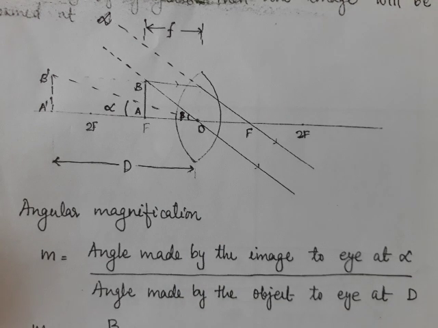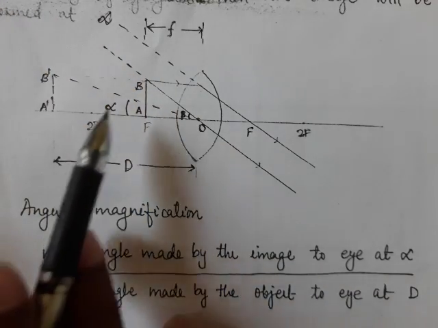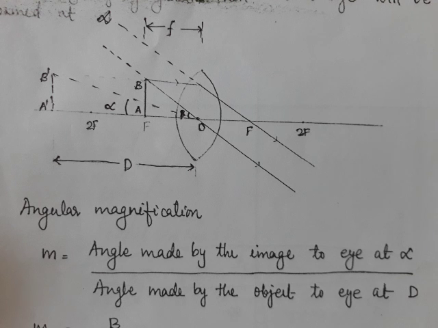And the angle made by the image at infinity, approximately very far in the same direction, is beta. So here also beta by alpha will be the magnification.